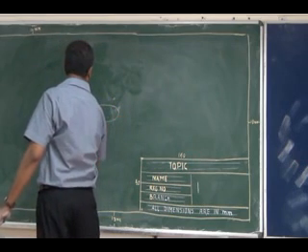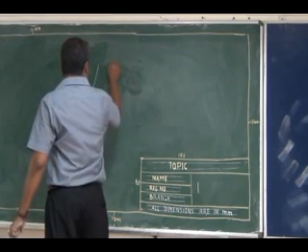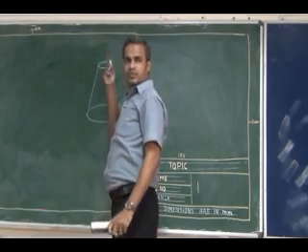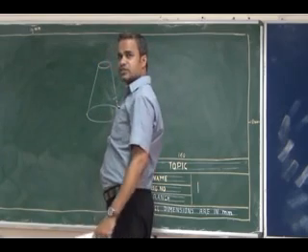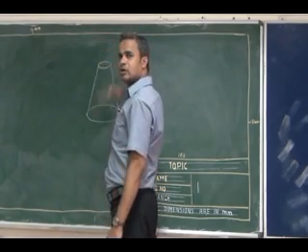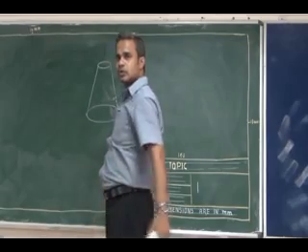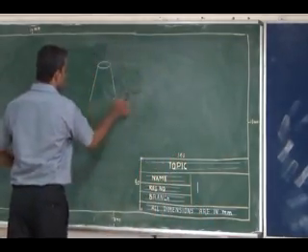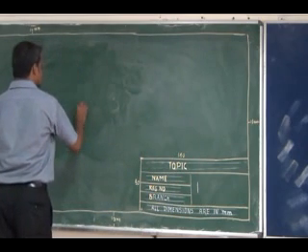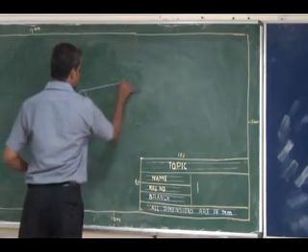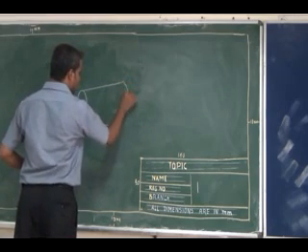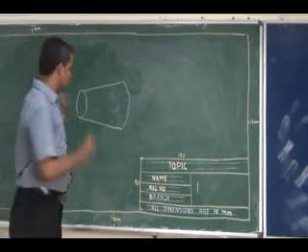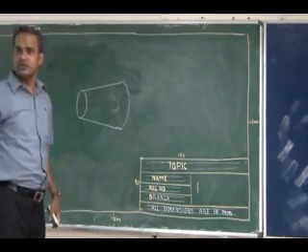I have a cone like this. If I cut a cone parallel to its base, I will get a frustum of a cone. So how is this cone shown? This frustum of a cone is seen like this. What will be the front view of this cone?